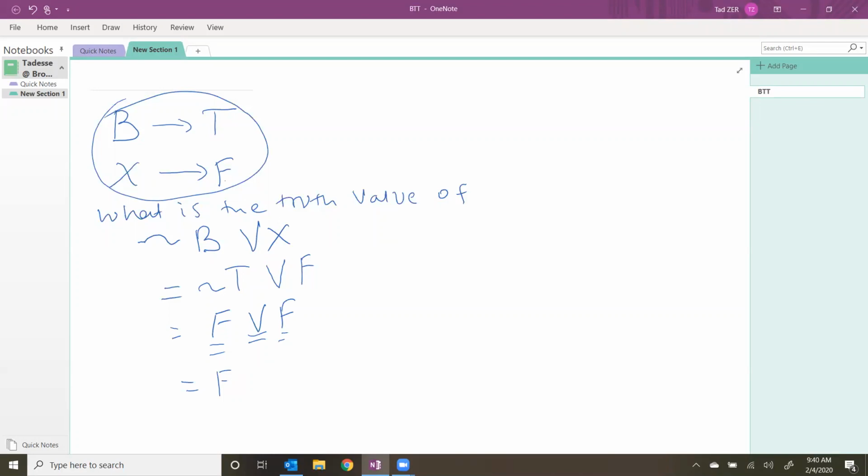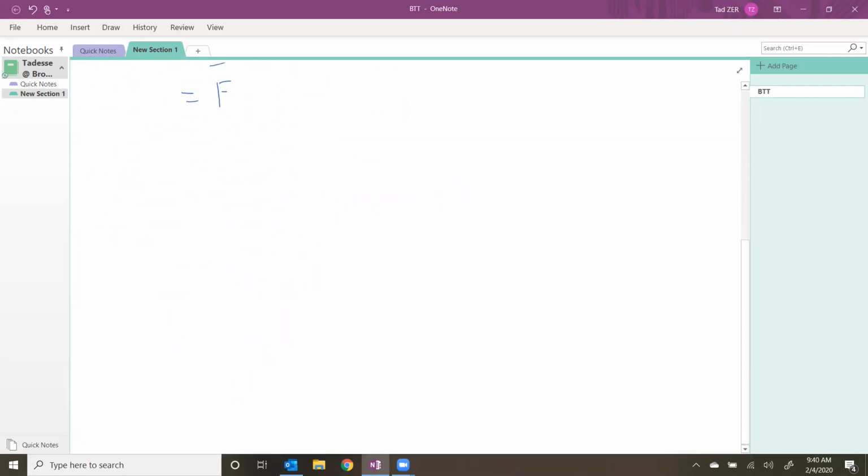Okay. Another example. I have the negation of A, bracket, see, this bracket, the parenthesis, is just trying to group. So it's trying to group A or negation of C, or C or negation of A. With parentheses, you have to be very careful because you go by that group.